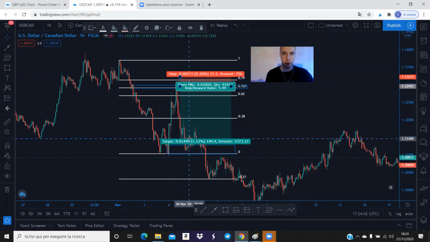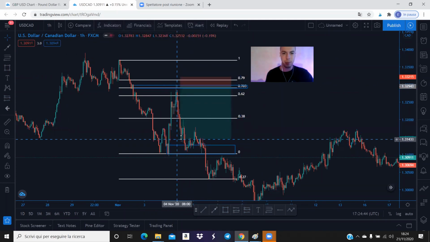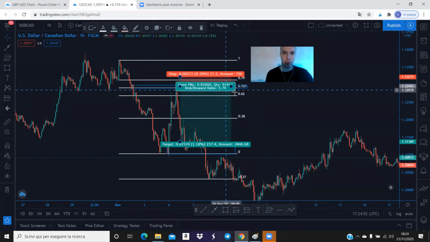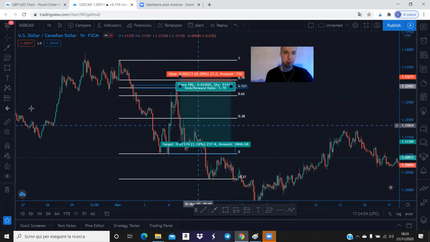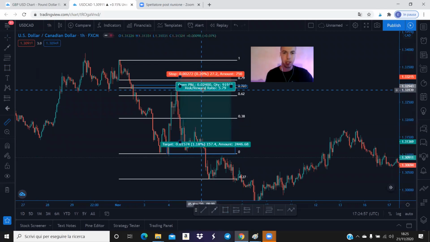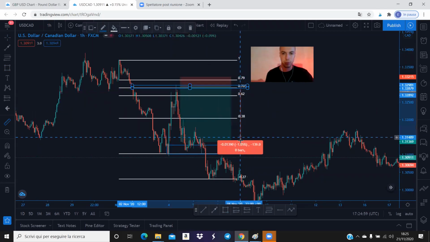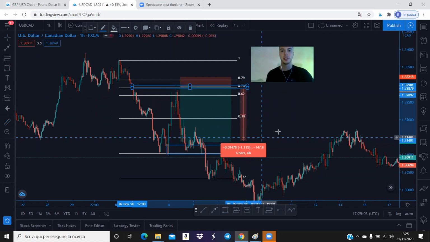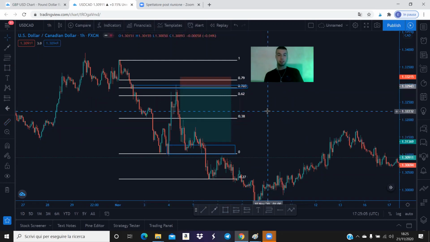Take profit before the demand. Risk to reward 1 to 5.7, actually 5.8, which is crazy. And this drop is about 150 pips.